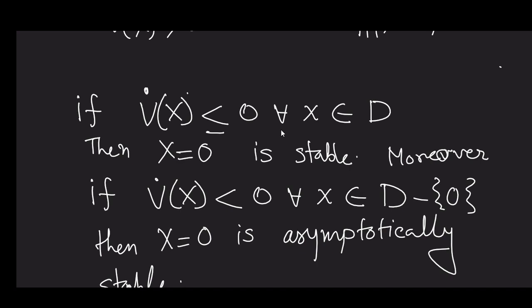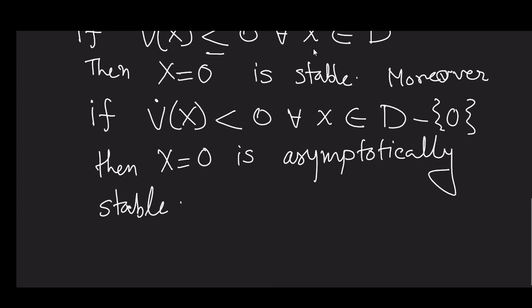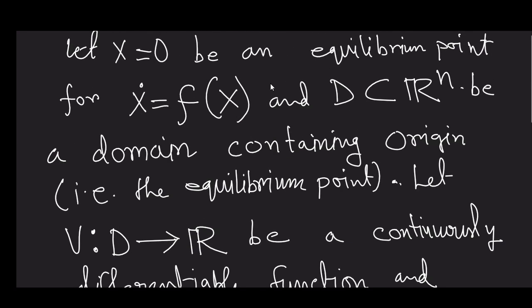Okay, before we give you that geometrical interpretation, let me proceed with the proof. What it states: x equal to 0 is an equilibrium point, D is a domain containing the origin.